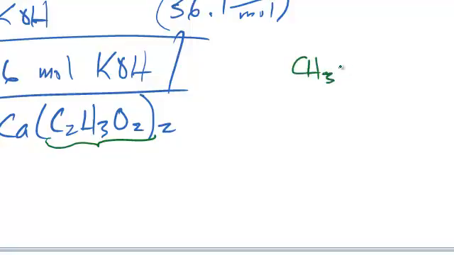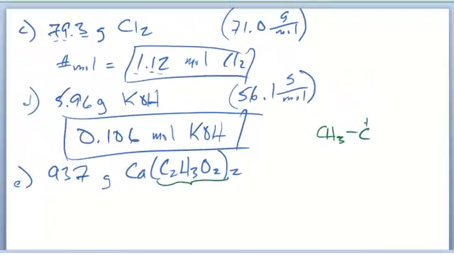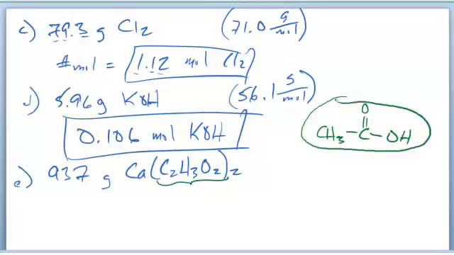And just for a little extra, if you write out the formula a little more fully, this is the structure of the acetate anion. If you add a proton, then you get what's called acetic acid.